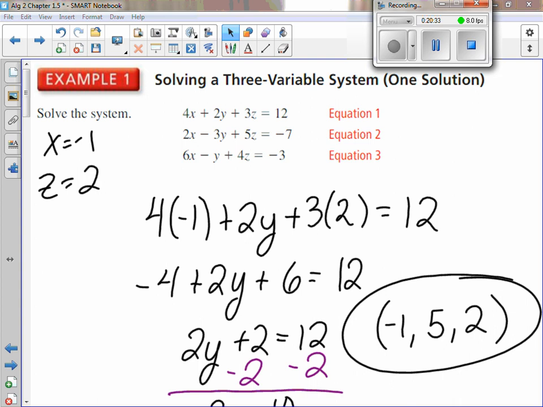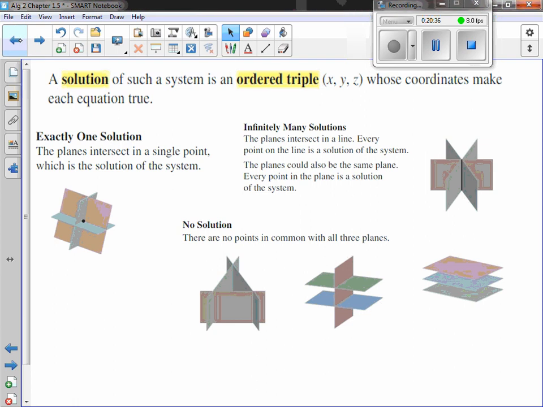Yes? So I'll go back into the slides. This example here is the visual representation of that problem. That black dot is the point -1, 5, 2. That's where all three intersect. Okay?